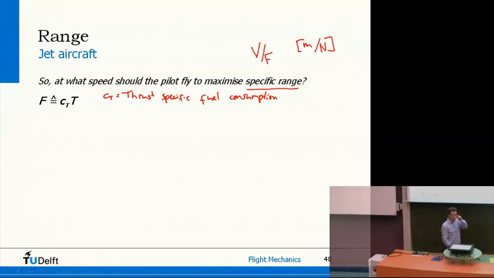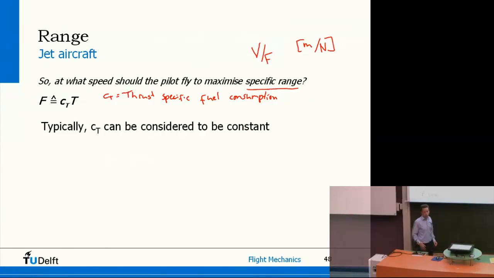Now, usually speaking, you can say that CT is more or less constant. I will show you later on how you solve these kinds of problems if it's not constant, but typically the value is more or less the same for a certain jet engine. Because we're in cruise flight, thrust is equal to aerodynamic drag.